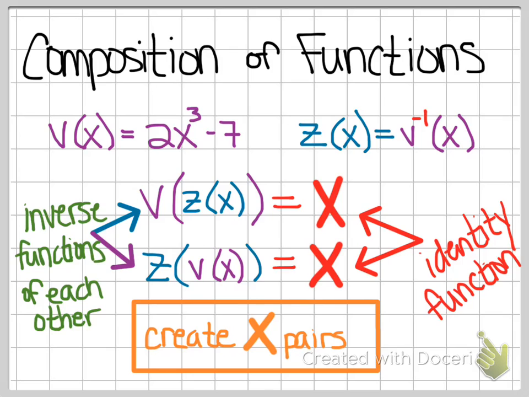By composing inverse functions, we'll be creating x pairs, since the line y equals x is actually the identity function. X pairs are just like 0 pairs and 1 pairs.